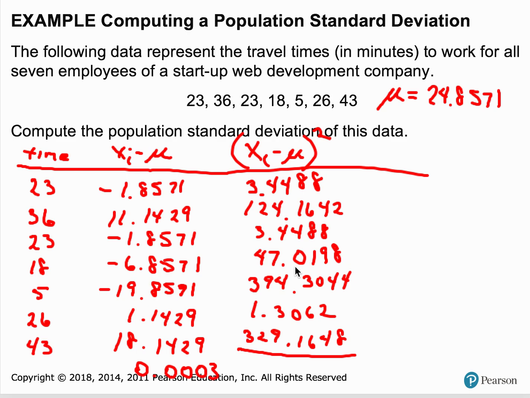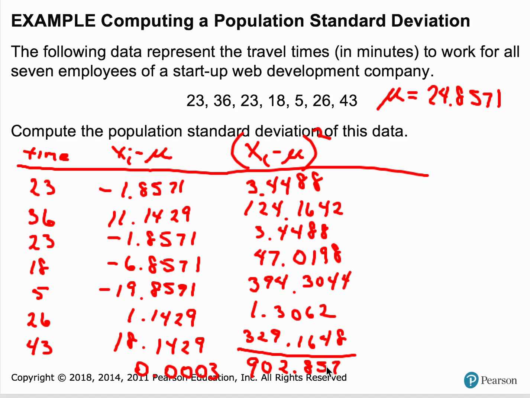So 3.4488 plus 124.1642 plus 3.4488 plus 47.0198 plus 394.3044 plus 1.3062 plus 329.1648 to get, we get 902.857 by adding that up.